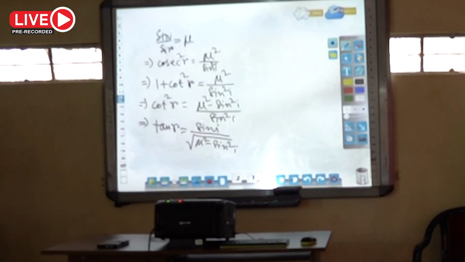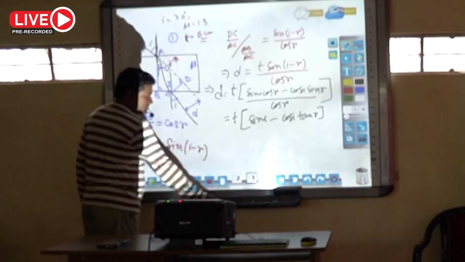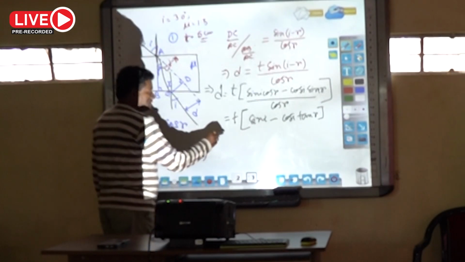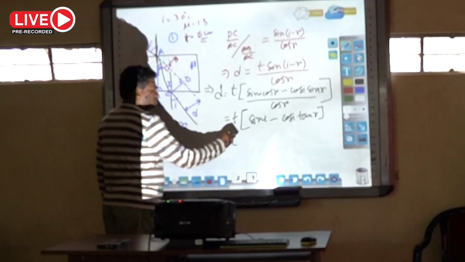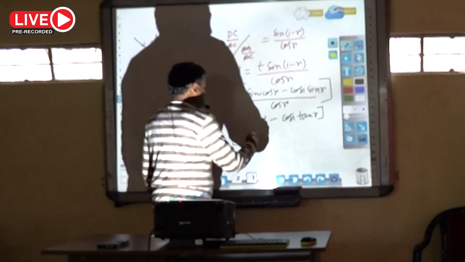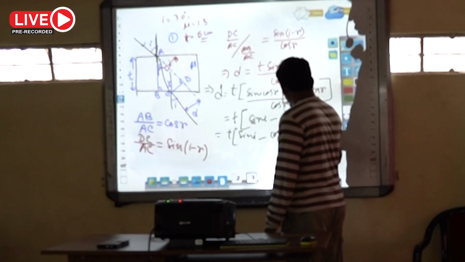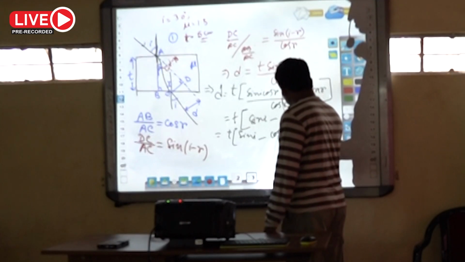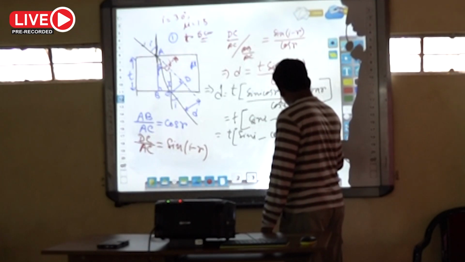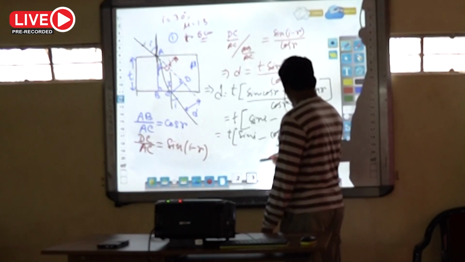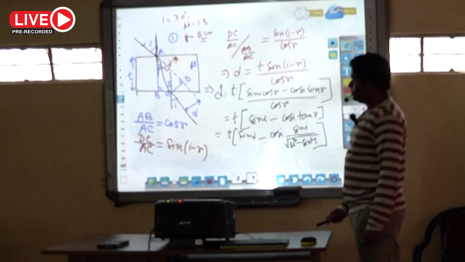So the value of tan r we can find. And then this value of tan r we will substitute in the previous page's calculation, this one. So it will be t into sin I minus cos I into sin I by root over of mu square minus sin square I. And one sin I can be taken common.